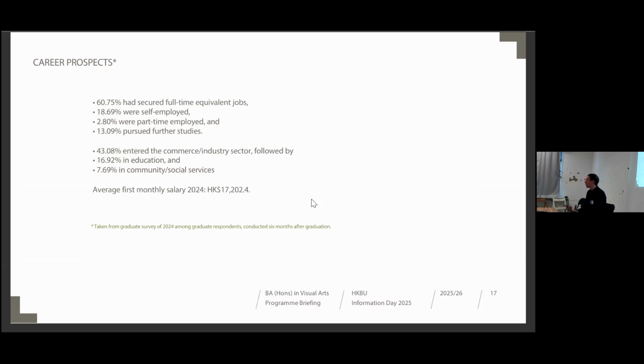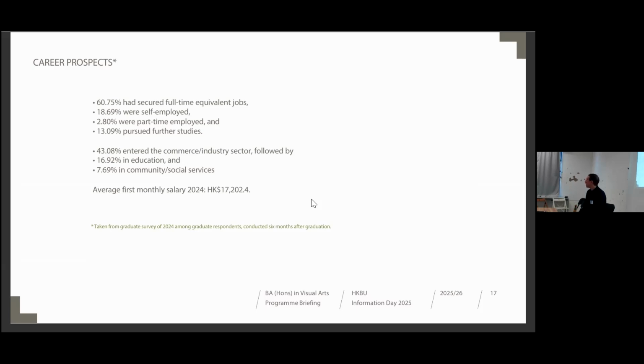This will be postgraduate, MA, MFA, PhD in some cases, and 43.8% entered the commerce industry sector. So these are general sectors that our students tend to enter. 16.92% in education and 7.6% in community and social services. And the average first monthly salary from 2024 was 17K-ish, which is healthy enough for a first-time job.